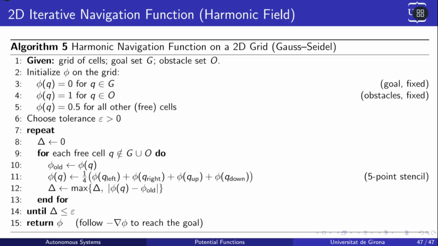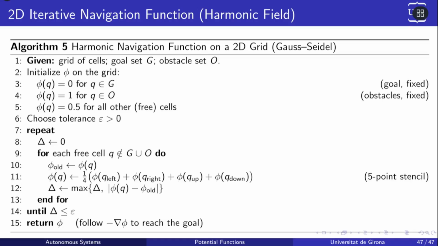To smooth it, we take the old value and compute the new value by adding the 4 cells, top, bottom, left, and right, and dividing by 4, so an average of all those places. We check if the previous value and the new value have changed by more than delta, which is initially 0, and we do that for all the cells.